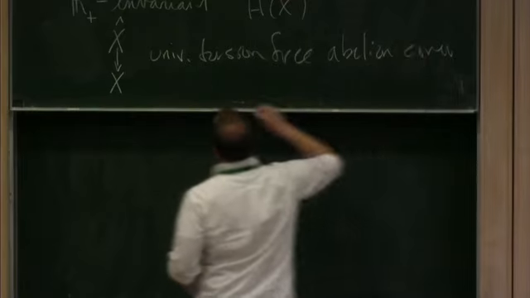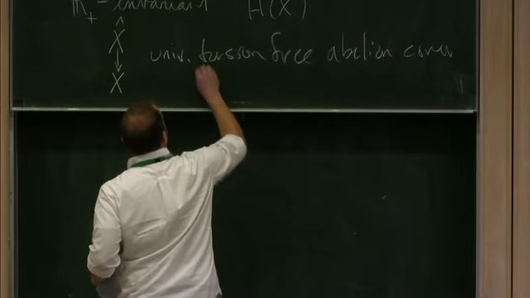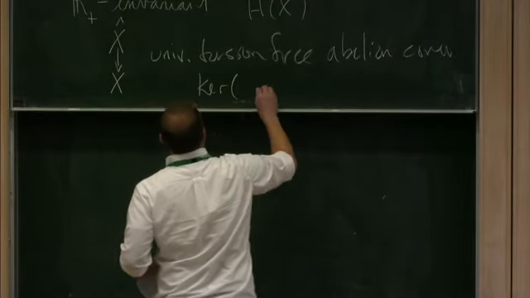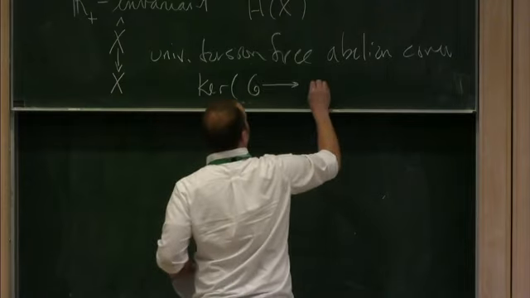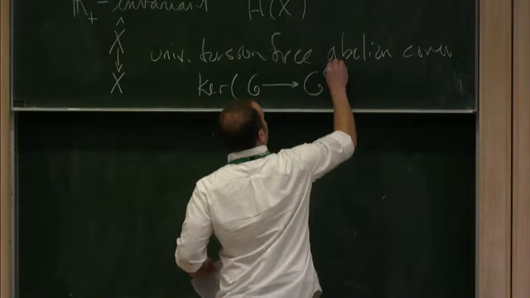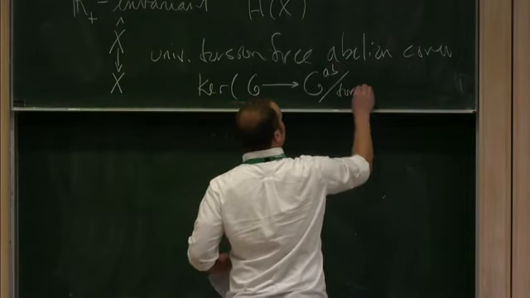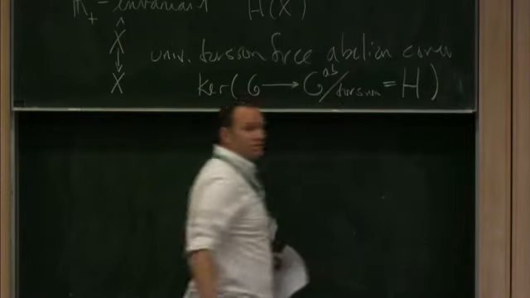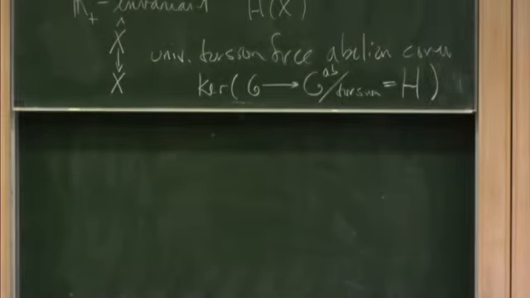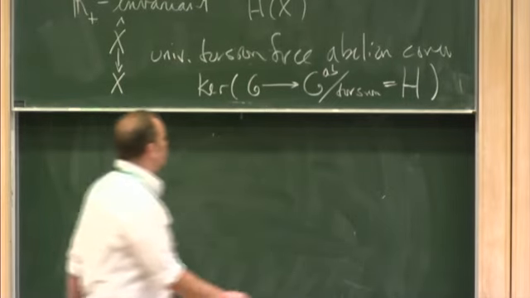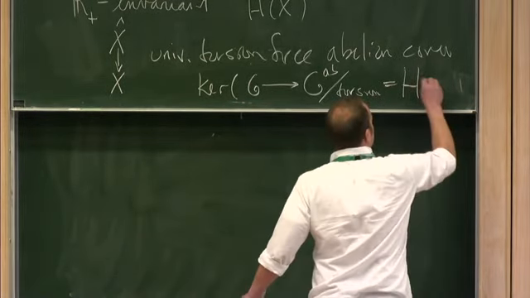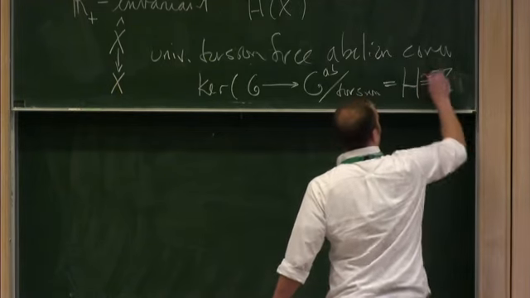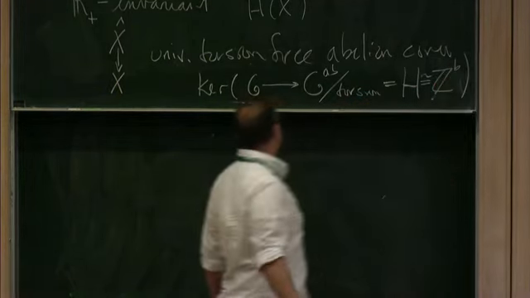That's the cover corresponding to the kernel of the map from G to the abelianization of G mod torsion, which we'll just call H from now on. So H is the universal torsion-free abelianization. If you like, this is isomorphic to Z to the b, where b is the first Betti number of G.